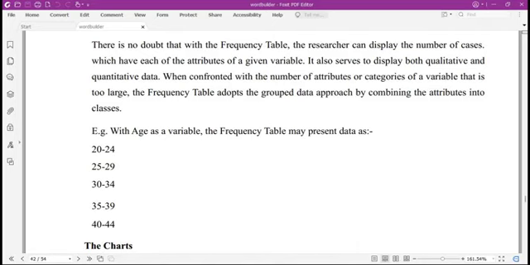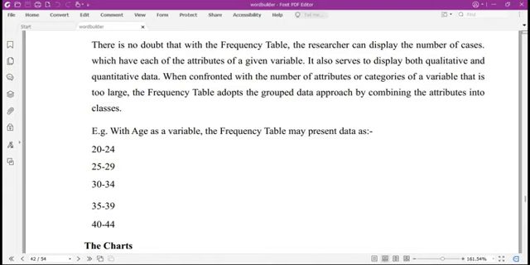This age from 20 to 24, we have 50 people. You can imagine writing the figures 20, 20, 20, 21, 21, 22, 22, 22 into 50 different places. It will be better you group them together within this range of 20 to 24 years, you have 50.